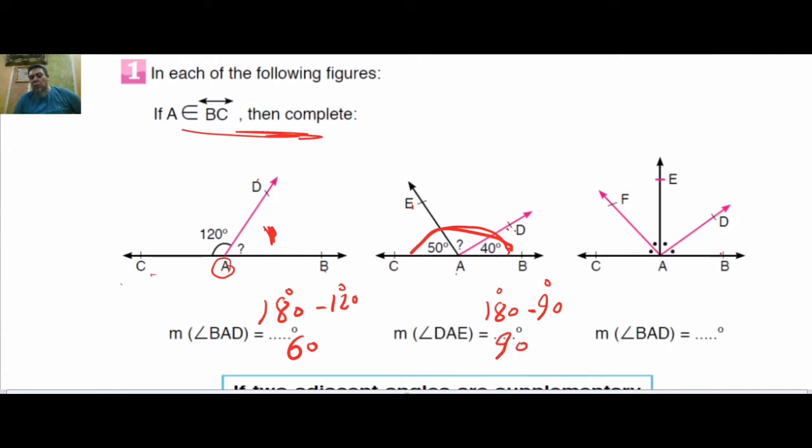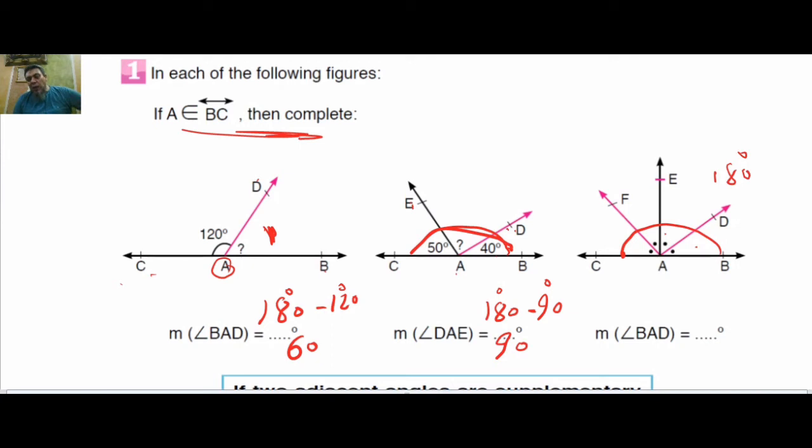In this figure, the four angles form a straight angle. So the sum of the measures of the four angles equals 180 degrees.